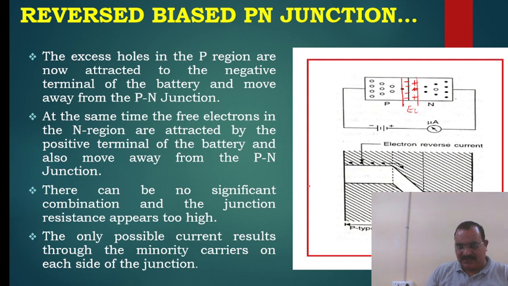The internal electric field is in this direction, and your barrier potential is also in this direction. Now see, this potential and this potential support each other.